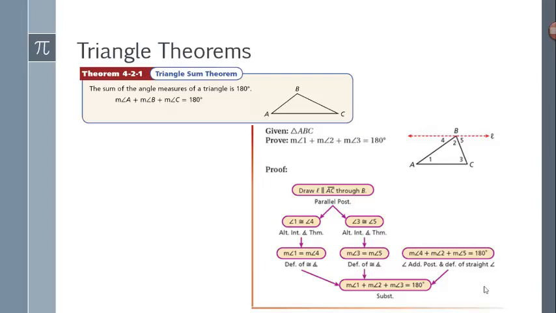Okay, and along that auxiliary line, we can say that the measures of angle 4, 2, and 5, when we add them, they're 180 degrees because they are a straight angle. And then we could just substitute 1 for 4 and 3 for 5, and we get the conclusion that angles 1, 2, and 3 add up to 180 degrees. So that's just a proof of the triangle sum theorem and why it works.